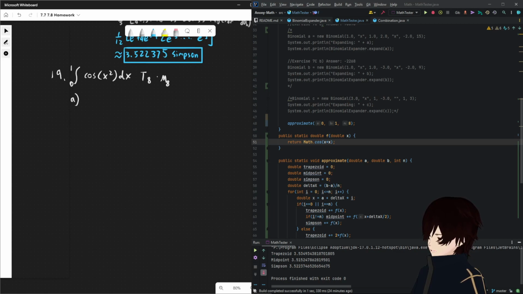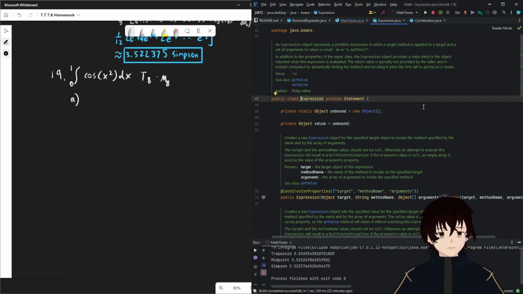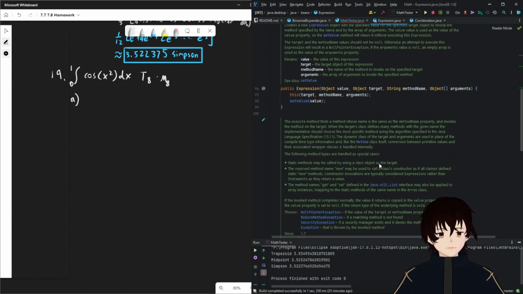EXP4J. Ooh. What's that? Is that included? We have a couple expressions. Java bean, sun tool. Oh my god.